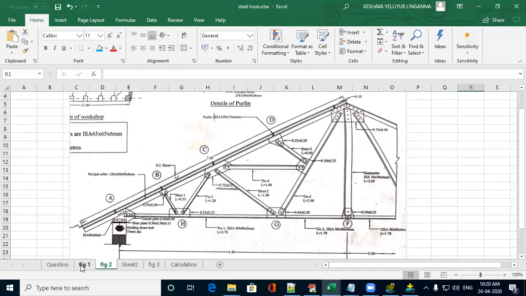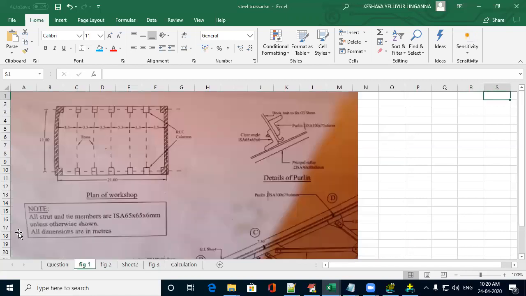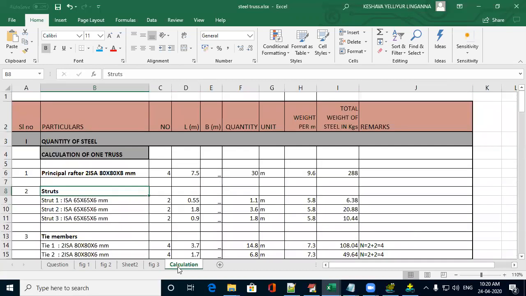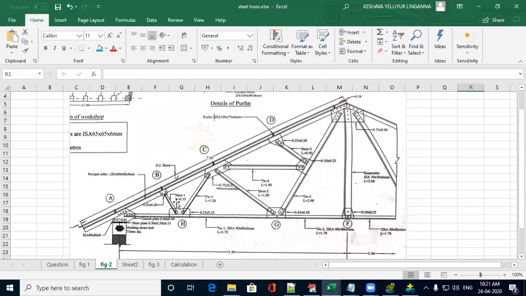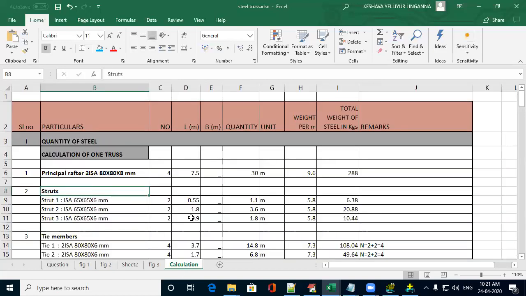So for all struts and tie members, if it is not mentioned, you have to take 65 by 65 by 6. In the calculation, I have taken all these as 2 numbers, and the corresponding lengths are given in the diagram. Strut 1 is 0.55, strut 2 is 1.8, strut 3 is 0.9 something. So I have taken the corresponding lengths.